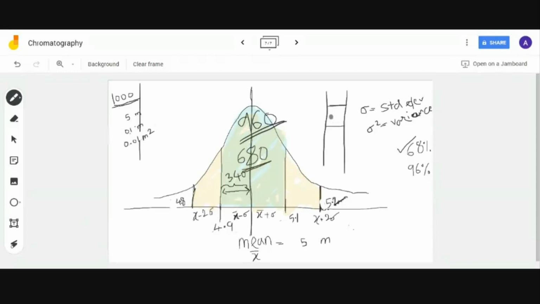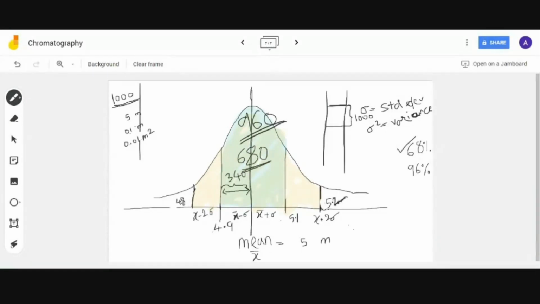Anyway, this entire length of the column which contains the drug will contain 1000 microgram of the drug. Understood till here? The entire area in which the molecule is spread, the total is 1000 microgram.